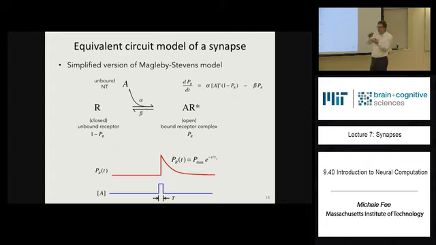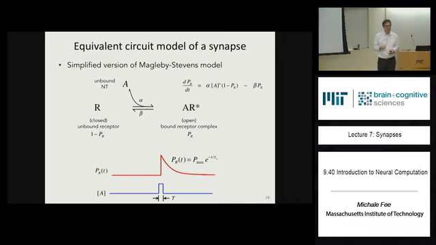So they don't respond to the little leakage of some residual neurotransmitter left around that the reuptake systems haven't dealt with yet. But when a vesicle releases, then you have a neurotransmitter at a very high concentration, and this makes it only sensitive to the peak of the neurotransmitter concentration.